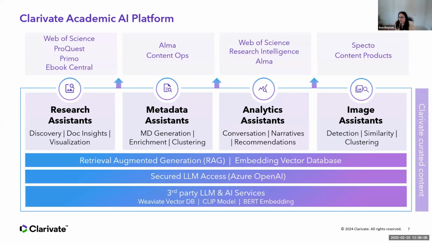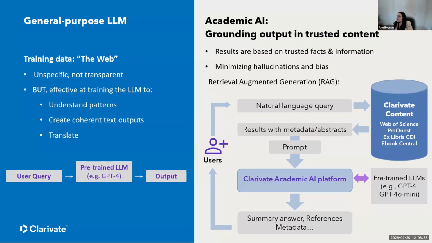So this illustrates that nicely, that at the bottom, we are using third-party LLMs and different technologies in an efficient, kind of unified way, to make this really quick in terms of our innovation, because then we can deploy the technology to the various products, whether that's Web of Science or ProQuest platform or Primo or Alma, all these different resources.